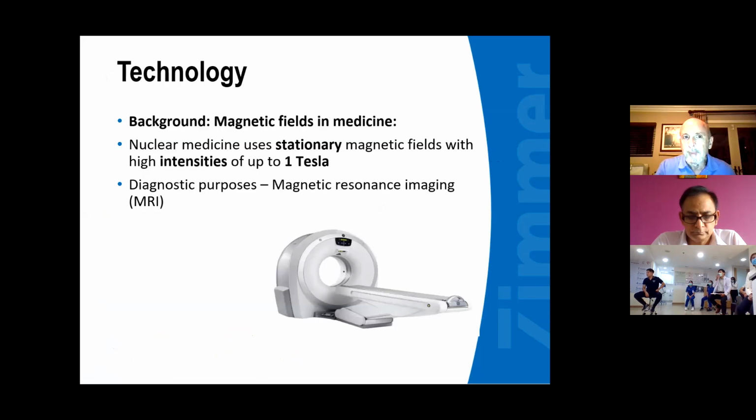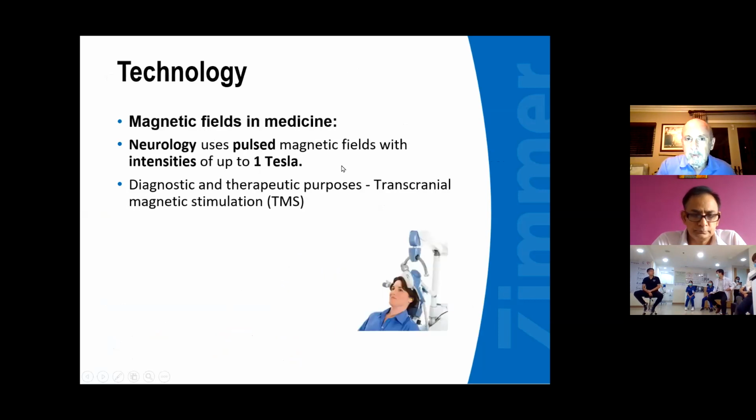So moving forward, knowing Tesla is going to be our unit of measurement for this high energy electromagnetic field, let's talk about where magnetic fields are. Think of MRIs, magnetic resonance imaging. They utilize electromagnetic fields, and they have a power or energy of about 1 Tesla. Transcranial magnetic stimulation for cases of the neurological nature.